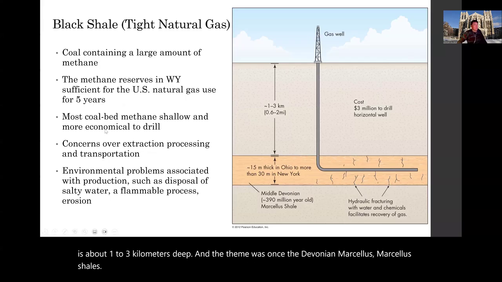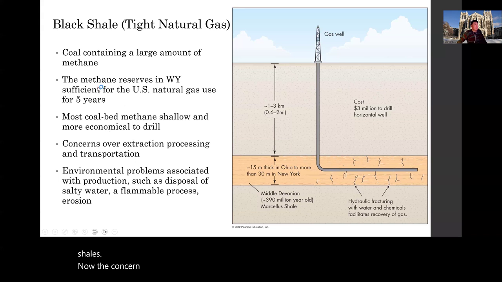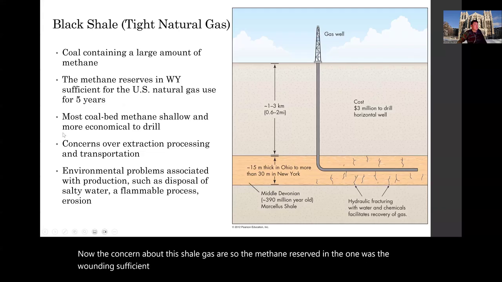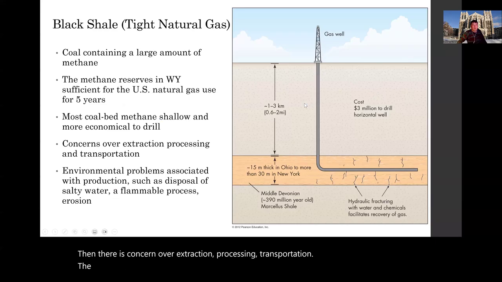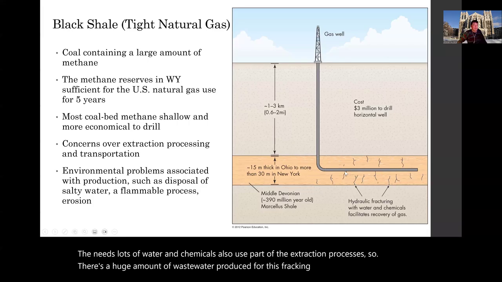Now, the concerns about this shale gas. The methane reserve in the West Wyoming is sufficient fuel as natural gas for 5 years. Then there's concern over extraction, processing, transportation. The well needs lots of water, and chemicals are also used as part of the extraction processes. So there's a huge amount of wastewater produced by these fracking processes.